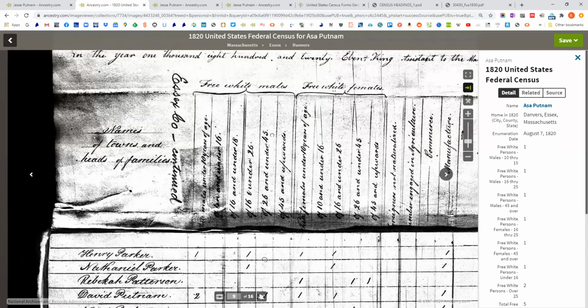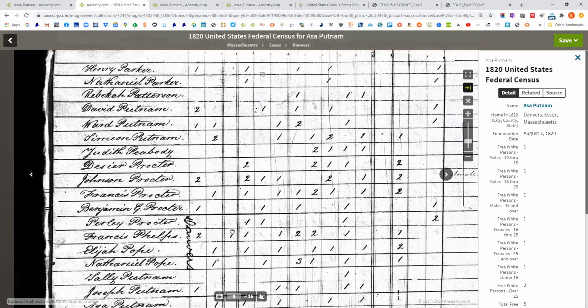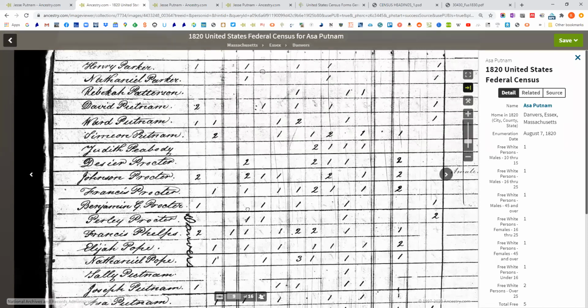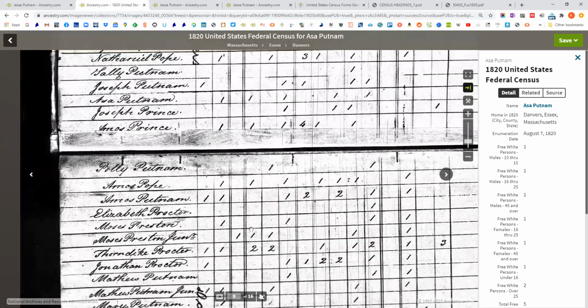So if you have a case where you have this, this is not two different people probably. This is probably a 16, 17, or 18-year-old male who's been duplicated. Same thing here.